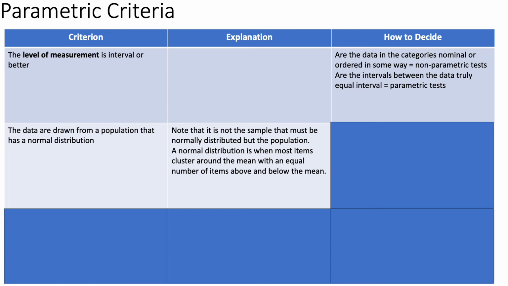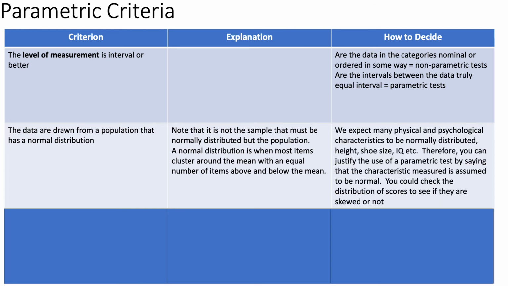And with normal distribution, it means that most items cluster around the mean with an equal number of items below and above the mean, and the mode and median are in the middle as well. We expect things like height, shoe size, IQ, etc. to be normally distributed because there are people with really, really high IQ, people with really low IQ, but most people will fall somewhere in the middle.